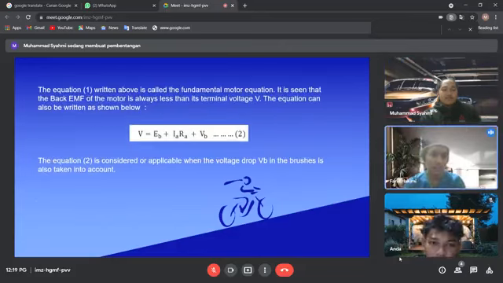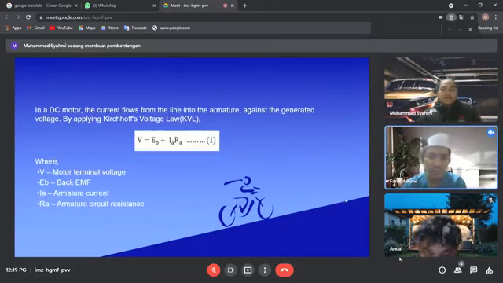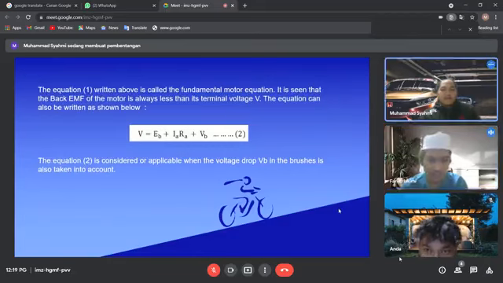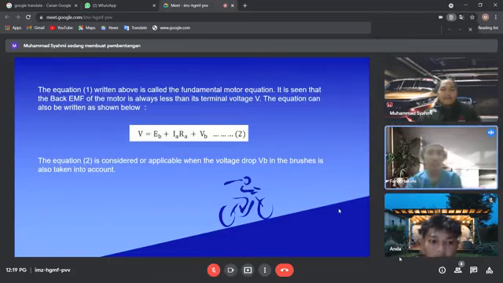Equation 1 written above is called the fundamental motor equation. It is seen that the back EMF of the motor is always less than its terminal voltage V.